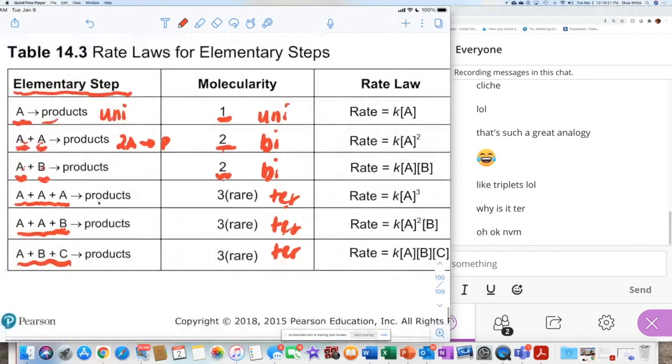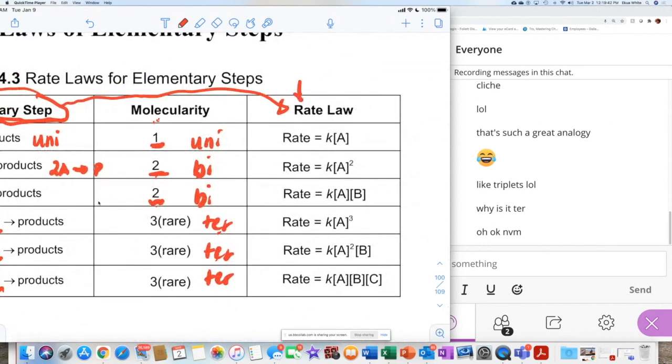Exactly. So here is the other thing. It will appear as though I'm saying something and I'm contradicting myself in what I'm about to say, okay? From the elementary steps, knowing the molecularity, you can write the rate law directly.